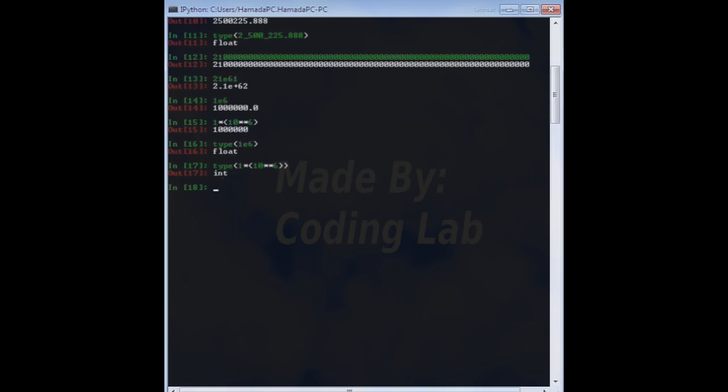Let's say we have x equal 2,005,225.8888, so x have this big number.